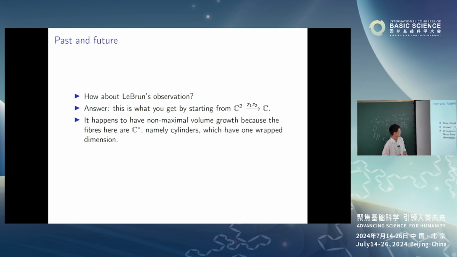And that metric has an S1 direction and an R direction, right? So in particular, the way to visualize the metric on this C2 is that you have basically a fibration by cylinders where you have an S1 direction and another R direction. And you have a family of those cylinders over a copy of C. Now, in that picture, there are 3 directions of possible growth.